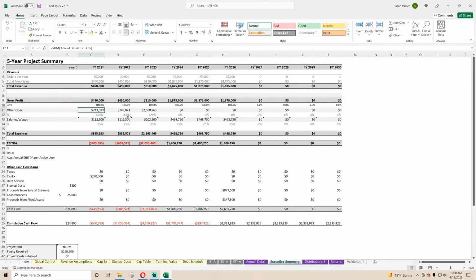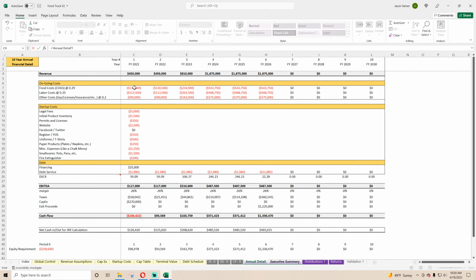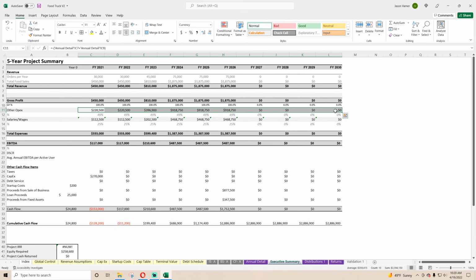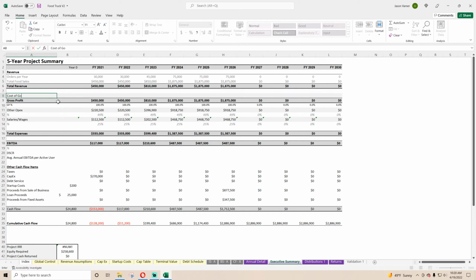We have other OpEx, which is going to be the rest of it. So food costs and other. Gross profit. Oh, so yeah, we do have cost of goods sold here. That's going to be food.